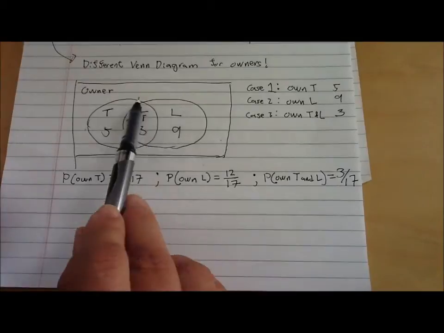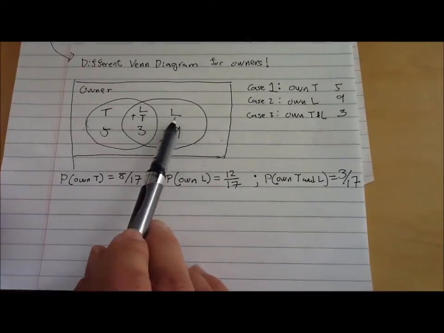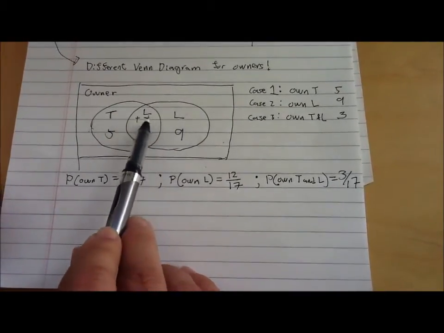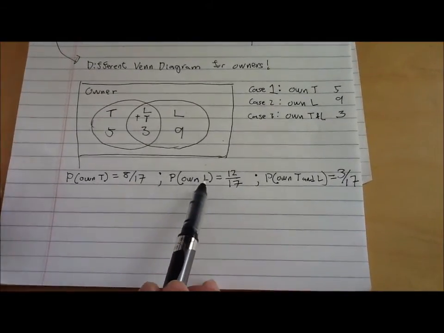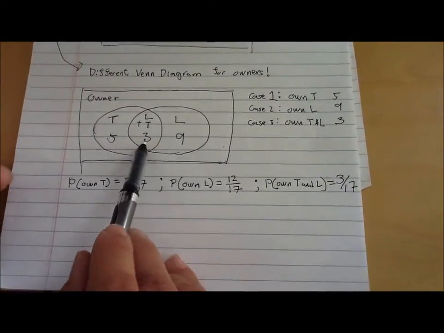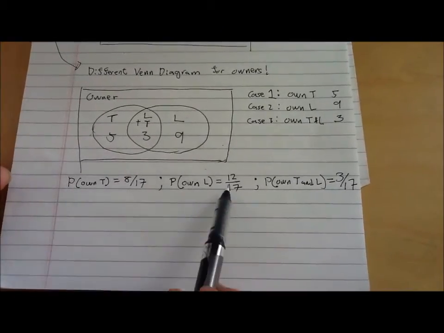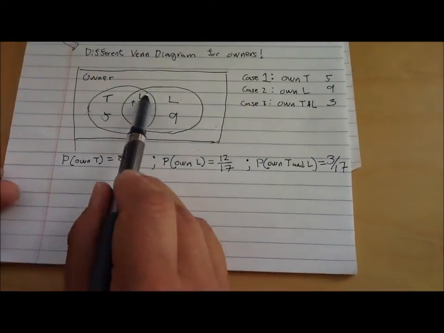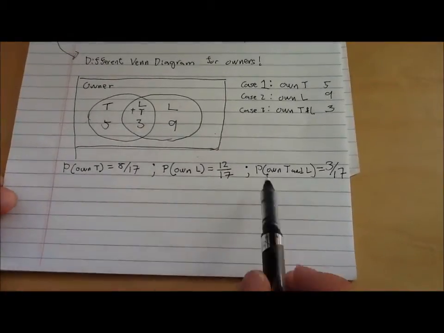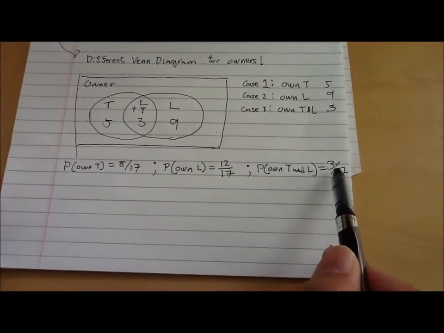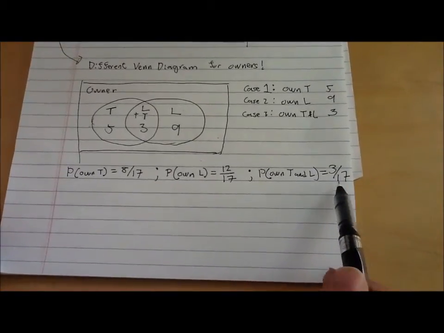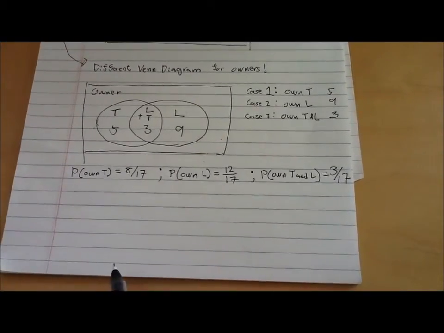You have to look at the owners in either case, owning Labrador only or Labrador plus terrier, but it doesn't matter because the question only worries about the Labrador, so it's really 12 over 17. Now, if you look at the overlapping part, there are owners who own both terrier and Labrador, and that's 3 out of 17. That's easy enough. We just read off the Venn diagram.